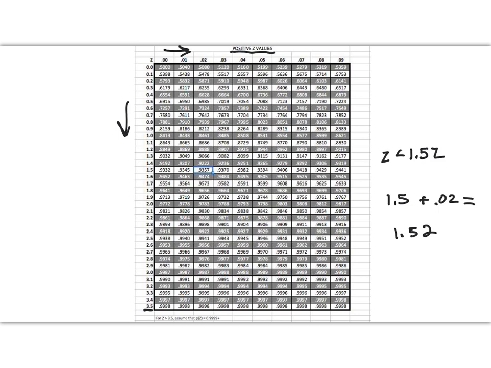So if I follow this column, it starts at 0, ends at 3.5. I'm looking for 1.5. And then I'm going to go over to the 0.02 and figure out where these intersect. And they intersect at 9, looks like a 3, 5, 7.